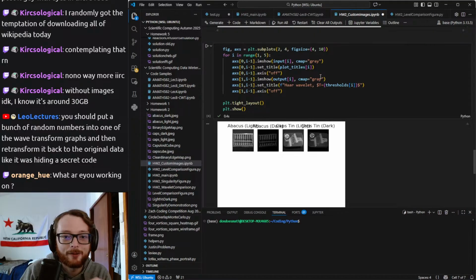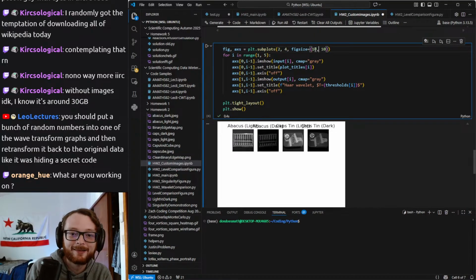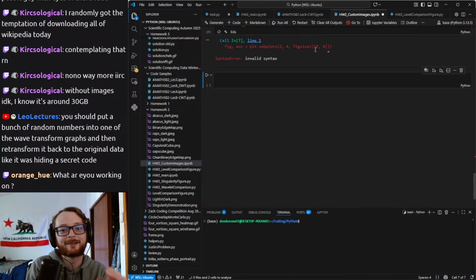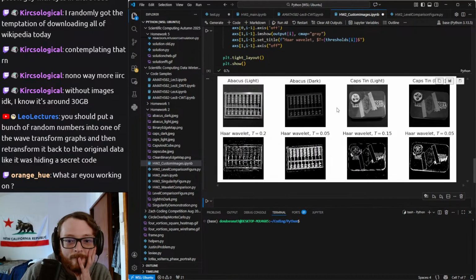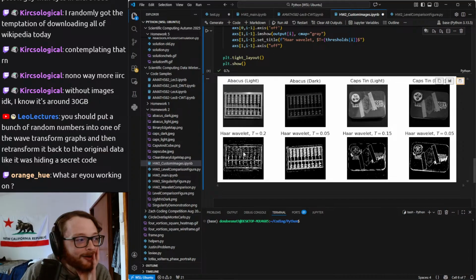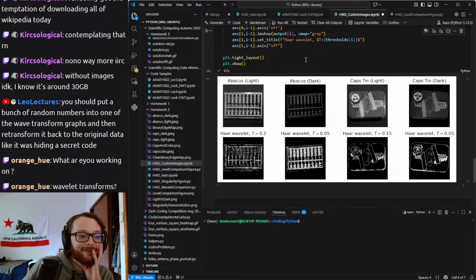Frickin' matplotlib. No! Ah. That doesn't look too shabby. I don't know. I don't like that the pairs are vertical. I kind of want them to be horizontal.